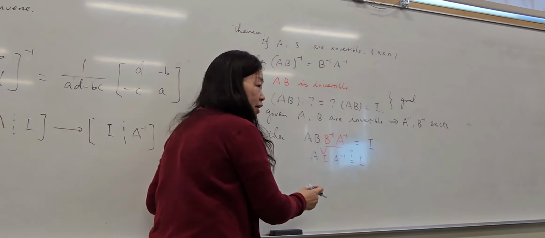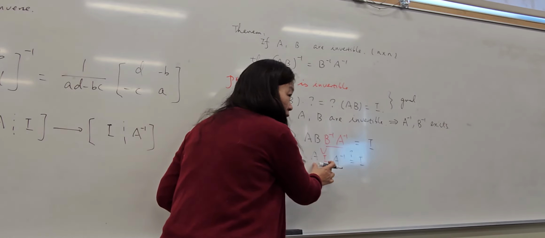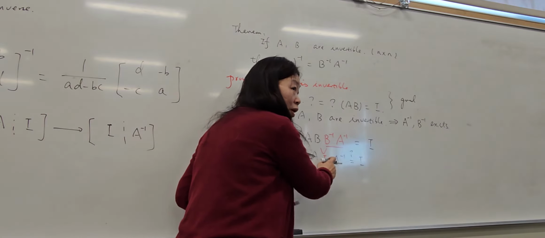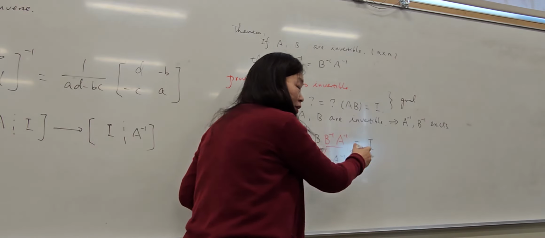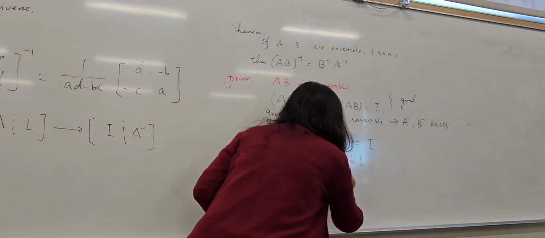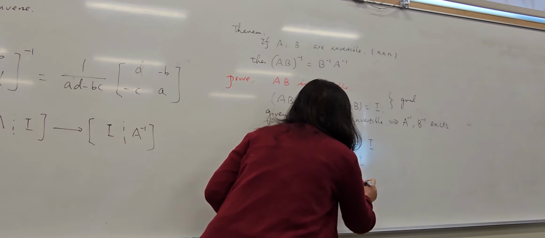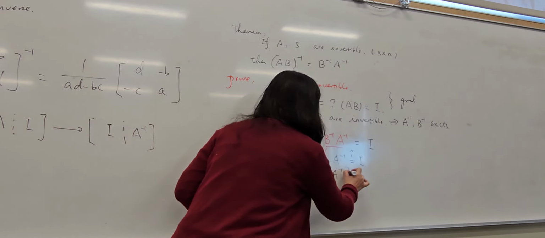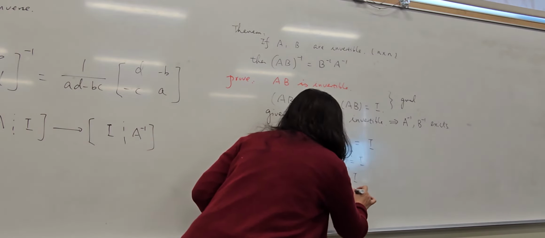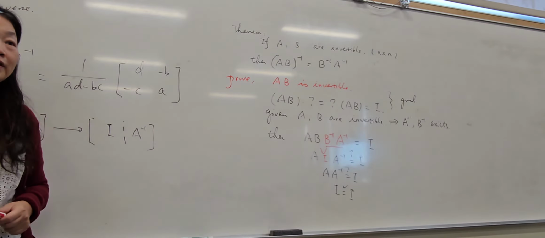The answer is yes, because A times I is equal to A, your identity. It's like A times 1 is equal to A. So this is A inverse equal to I. Is that equal to I here? The answer is yes, so I is equal to I. So that's your first side of the proof.